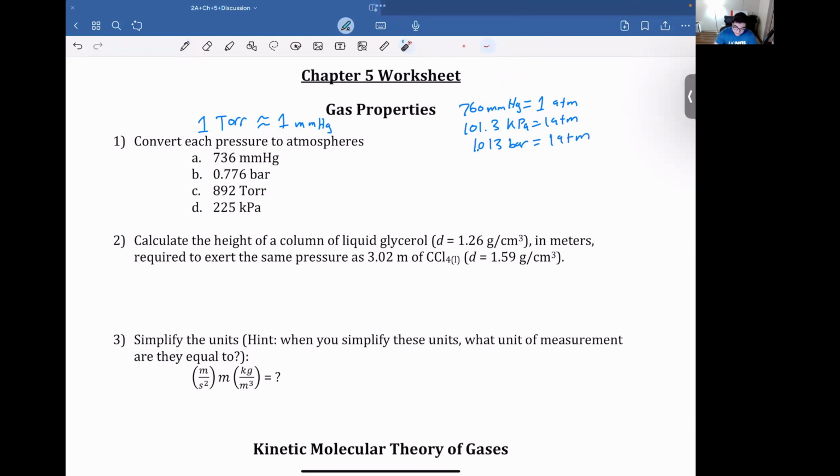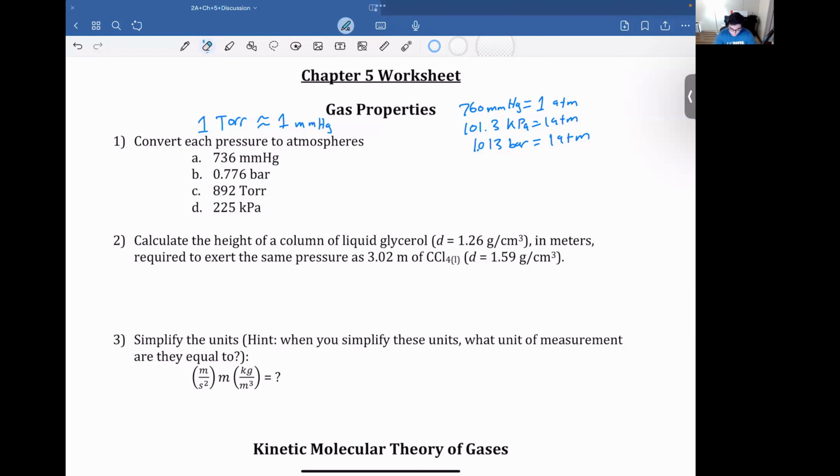Now notice how the kilopascals and bars are the same numbers, just that the decimal is moved over. So 1 bar is, or sorry, 100 kilopascals is 1 bar. Numeric wise.